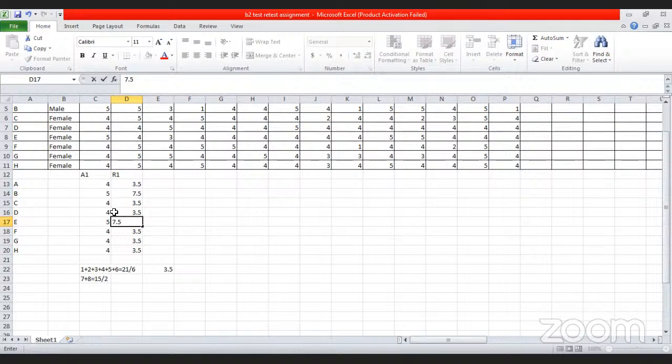Which one is the 8th position? If this is the 7th position, that is the 8th position, then we have to put the same rank, because the score is same.